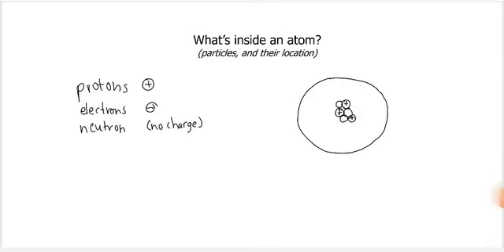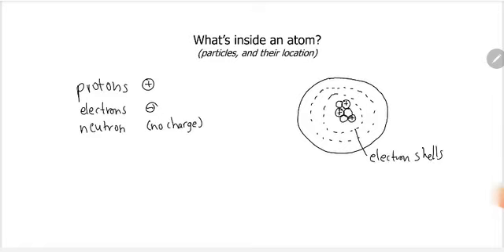Di sila makakaalis doon. And then around the nucleus, we have tinatawag nating electron shells, di ba? Or energy shells. So in this region, in this spherical region, dito natin makikita umiikot around the nucleus yung mga electrons. Tama po?